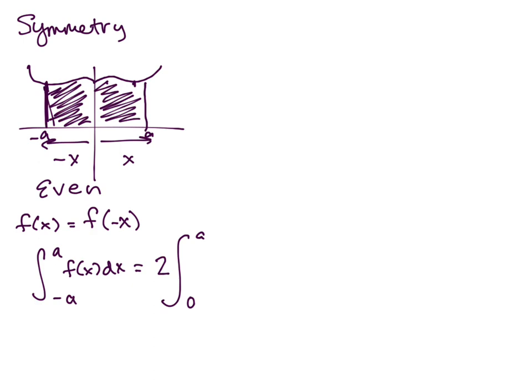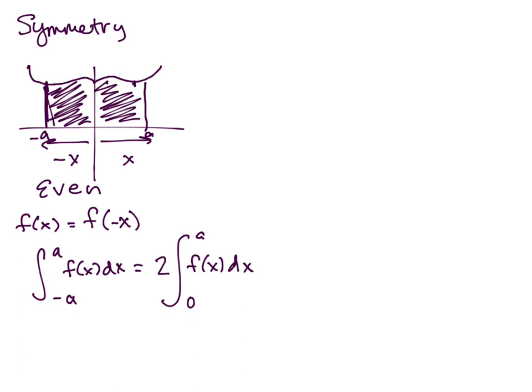It does make your life a little bit easier. You could double the area from 0 to a if you know that you're dealing with an even function. And if you're not, then good luck. So you got options.